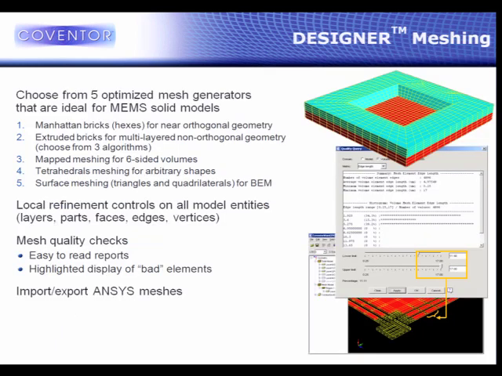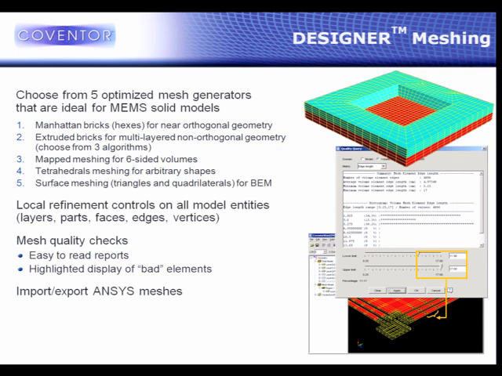The meshing in CoventorWare is really ideal for MEMS type geometries. At the top level it's 5 that's actually under the covers. There's probably about 8 different meshing algorithms available that find uses for different kinds of geometries.